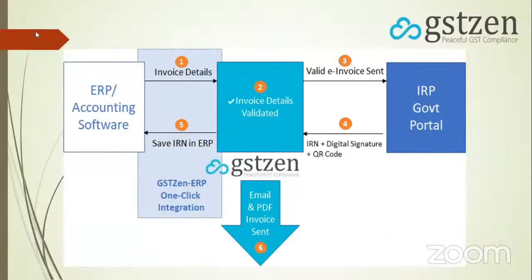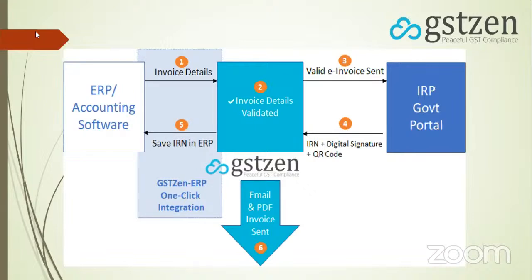Okay. So as I was saying, we have already gone over how GST Zen provides us various solutions for e-invoicing. An additional feature that we provide is emailing of the PDF of the e-invoice. When you generate an e-invoice directly from the portal, it does not email it.